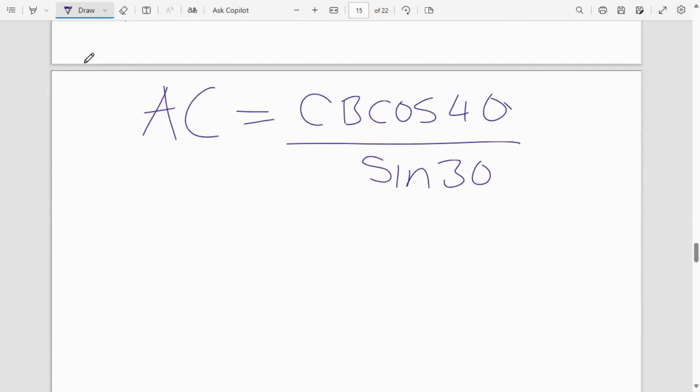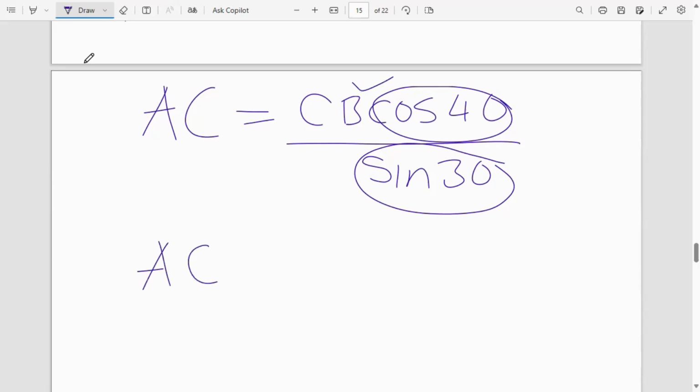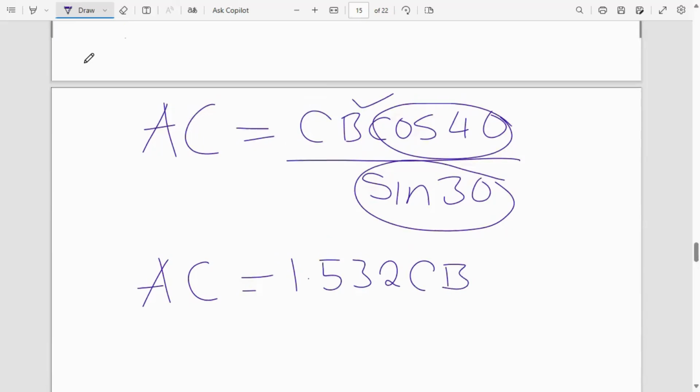We can divide cos 40 by sin 30 in advance to simplify our equation, because these two are numbers. The letter is CB. If I divide cos 40 by sin 30, I get 1.532. So AC is equal to 1.532 CB.